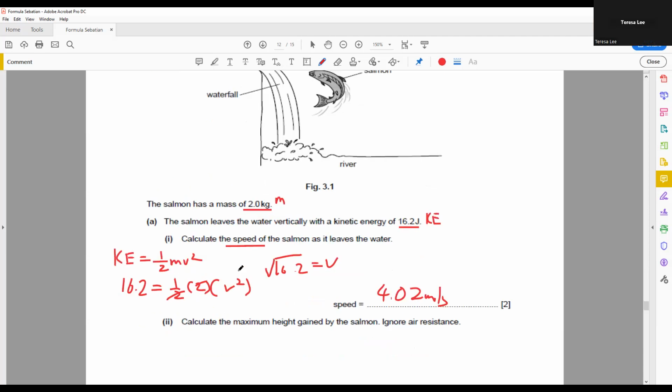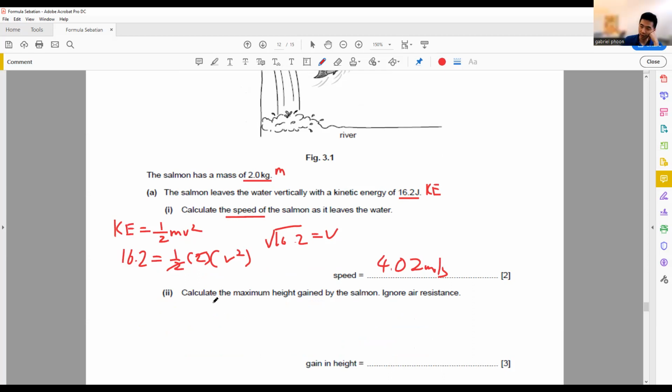Then from here, this part here is the one where you put KE equals to mgh, because they ask you to calculate the maximum height gained by the salmon. And the keyword here, you'll always see this: ignore air resistance. Once you see the words ignore air resistance, most likely it's going to be fully kinetic energy converting into gravitational potential energy, right?